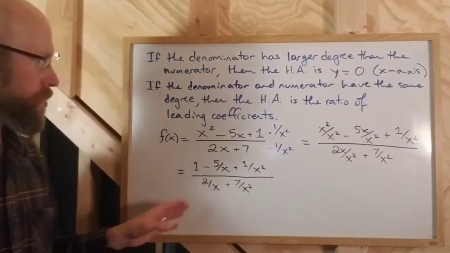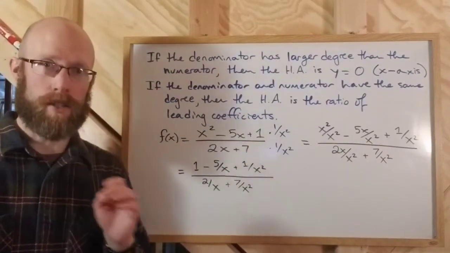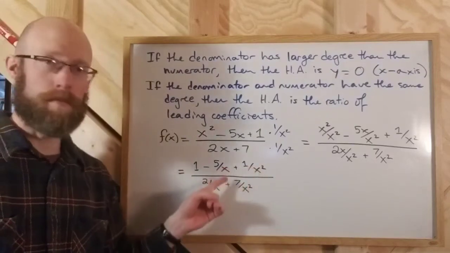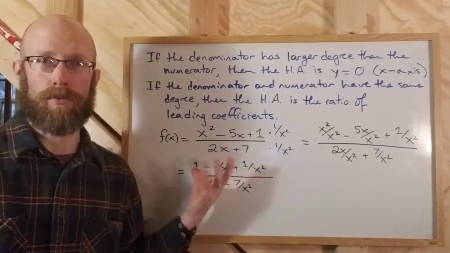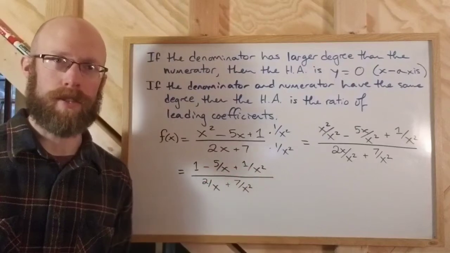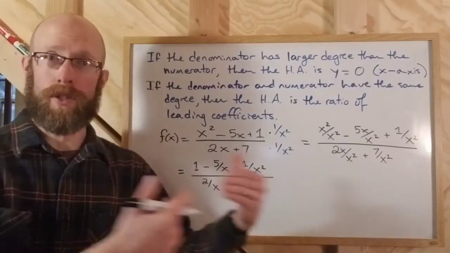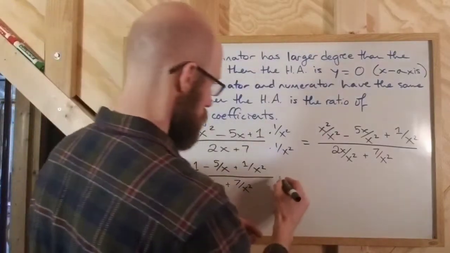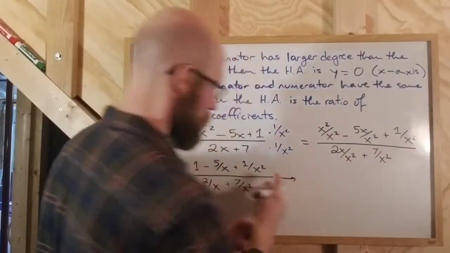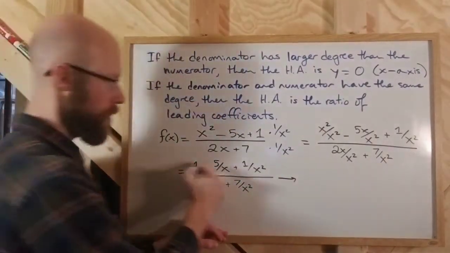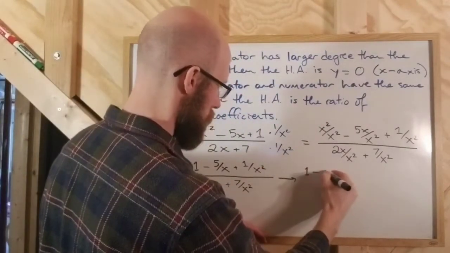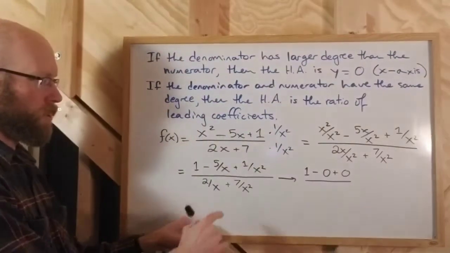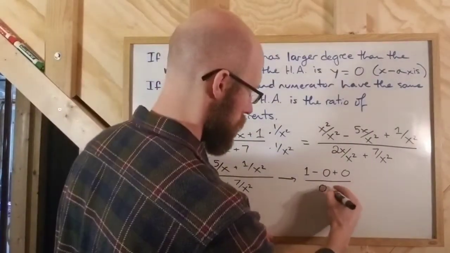Now I've reduced each of those fractions, and anything that still has an x on the bottom, but no x's on top, just a constant on top, will go to 0 as x goes to positive or negative infinity. And so this fraction will become 1 minus 0 plus 0 over 0 plus 0.